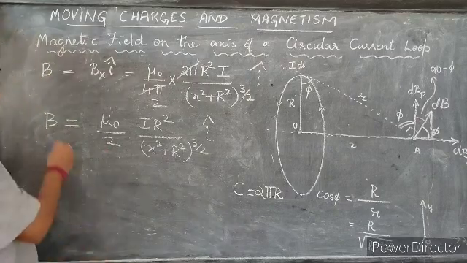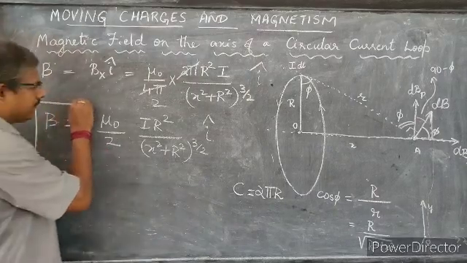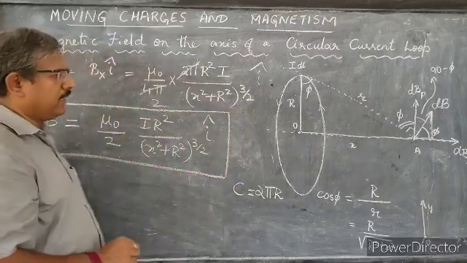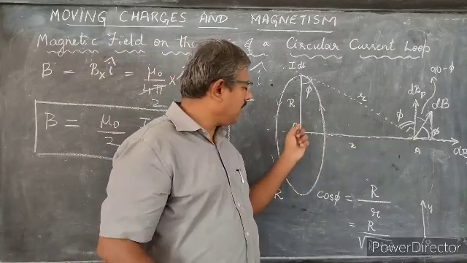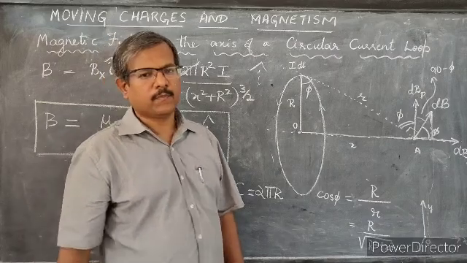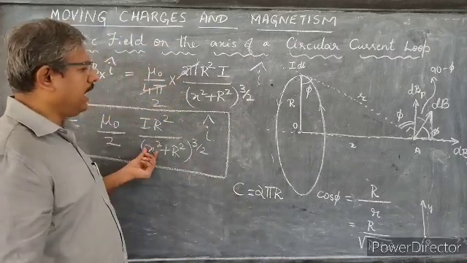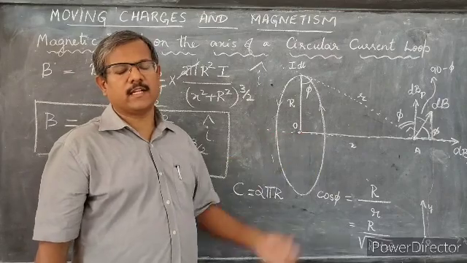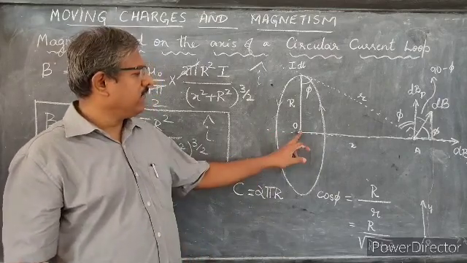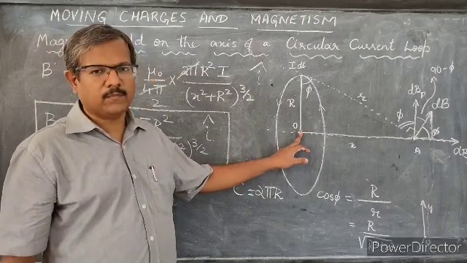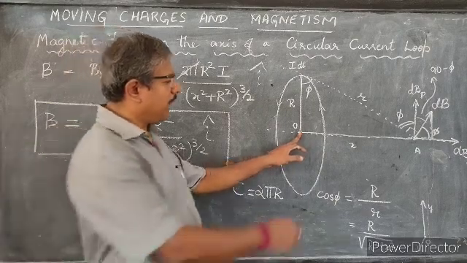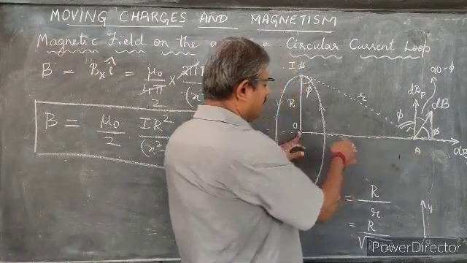Now this is the magnetic field at any point A along the axis of the circular loop at a distance x from the center of the circular loop. Now as a special case, if I consider this very point, the center of the loop itself, then at this point the value of x becomes 0.